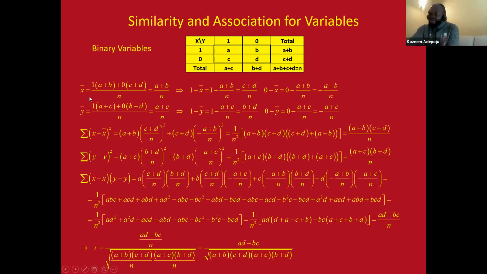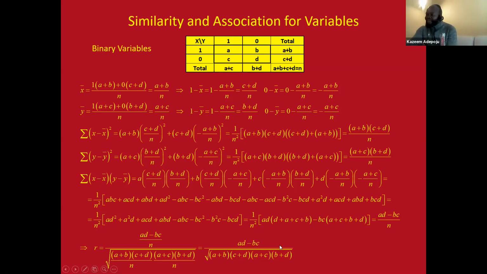So what if your examiner asks you to find the mean? What are you going to use to find the mean of X, the mean of Y, the sum of square deviation of X, the sum of square deviation of Y, and the sum of square products, and eventually ask you to find the correlation?